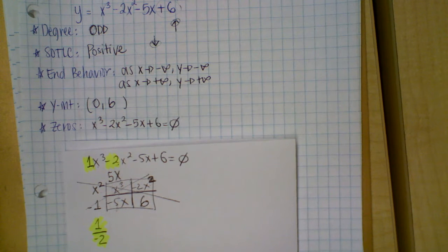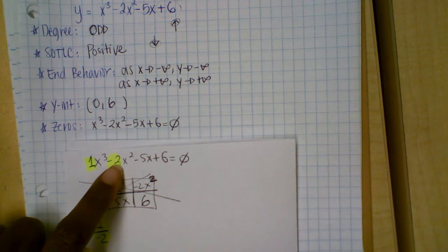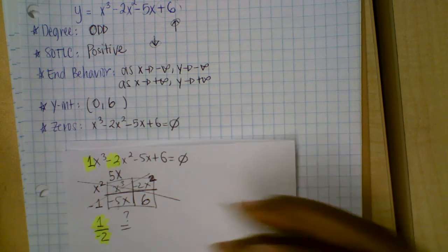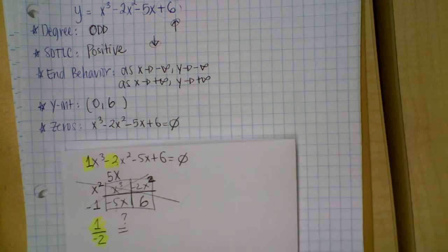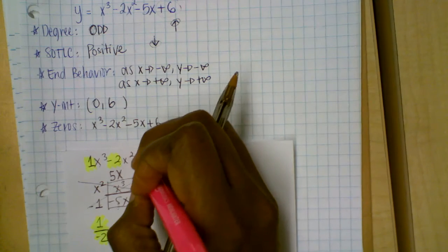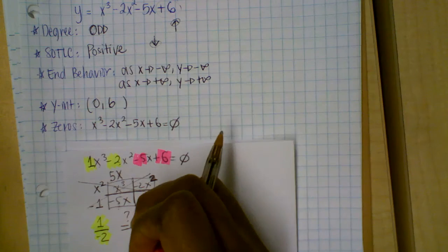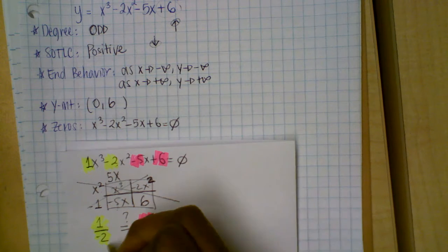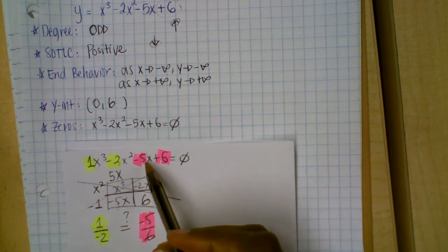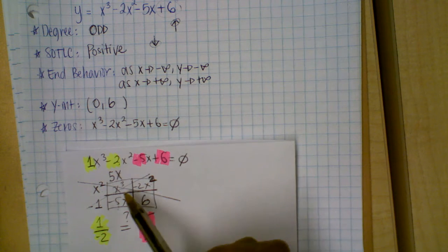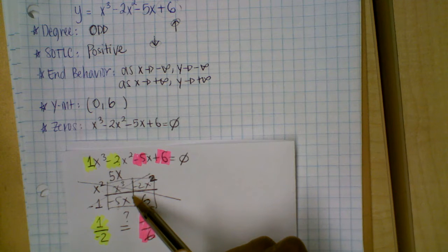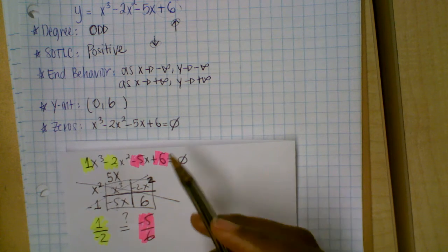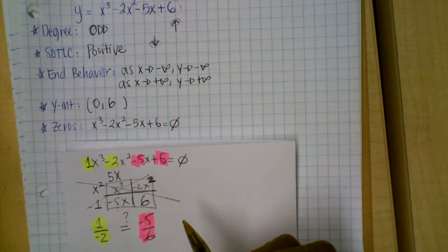So if you do the ratio of the coefficients of the first two terms, is it equal to the ratio of the last two terms, which is -5 and +6? Are those two fractions the same? As you can see, they are not the same. So that's why we know that you cannot use grouping or the box method. If the ratios were the same, you could have used grouping or the box method.